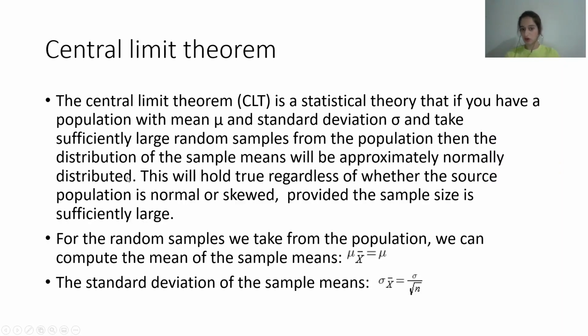That's what we saw. Even though the population is not normal or it is skewed, this will always stay true if the sample size is sufficiently large. This is what the central limit theorem means.